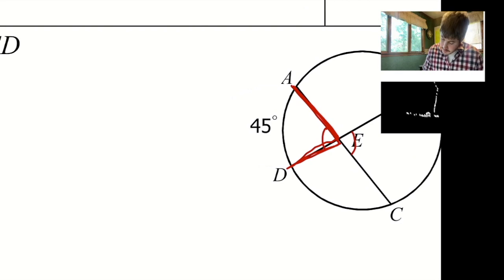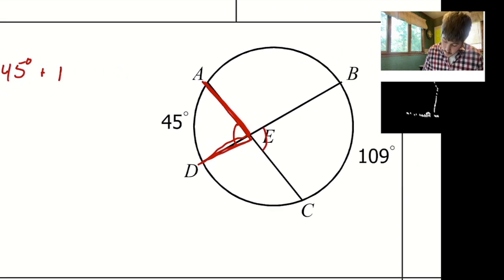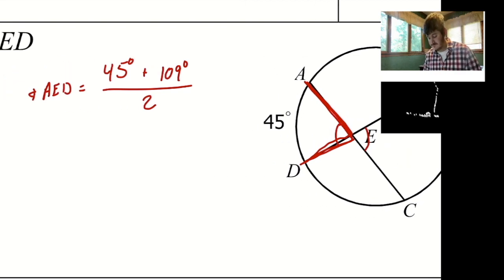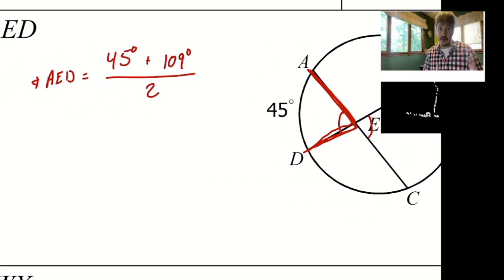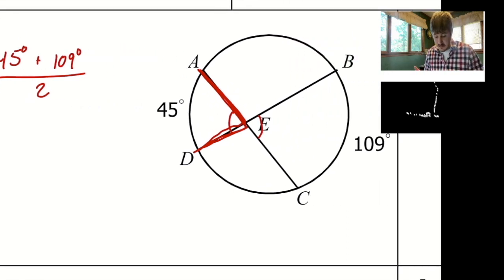So the measure of angle AED is equal to the sum of the two corresponding intercepted arcs, which is 45 degrees plus 109 degrees, divided by 2. All the numbers and all the plug-in has been on the right side of the equation, so that's great. We can just add them up.